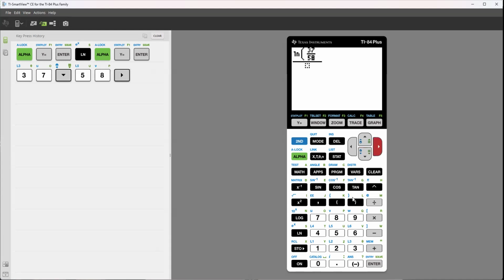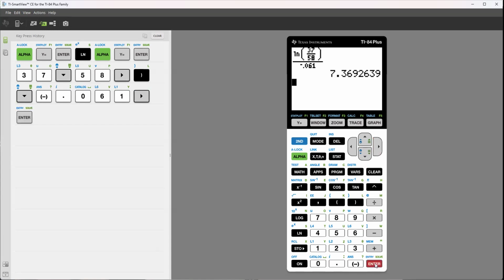I'm going to arrow right, close those parentheses. On the bottom, I got a negative 0.061. Oh, y'all, when we hit enter, and we're rounding at one decimal place, remember, I get 7.36. So I'm going to make that a 7.4.